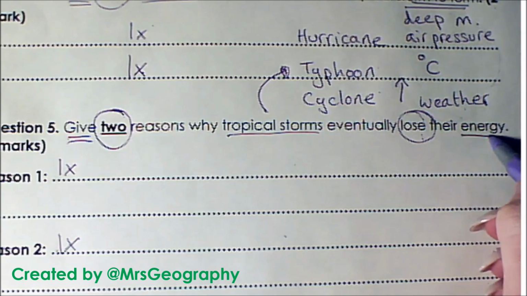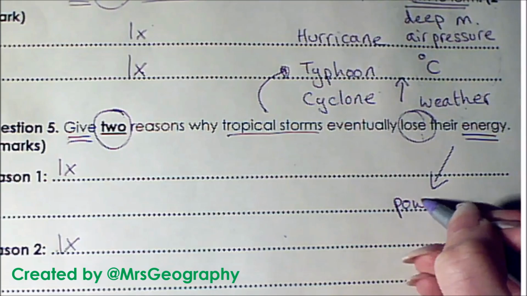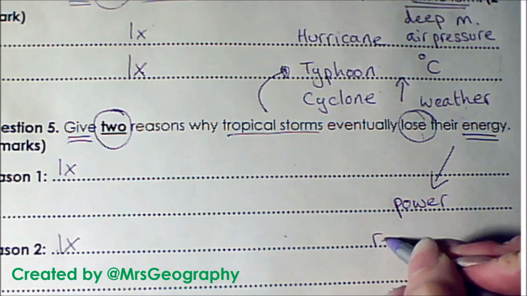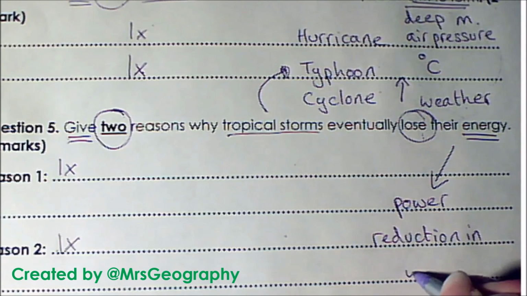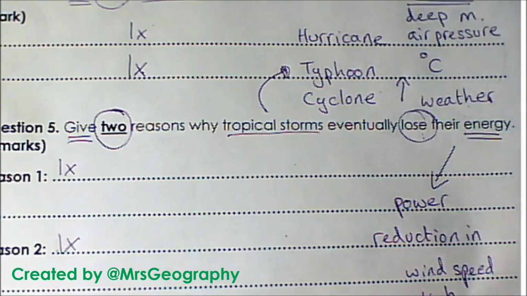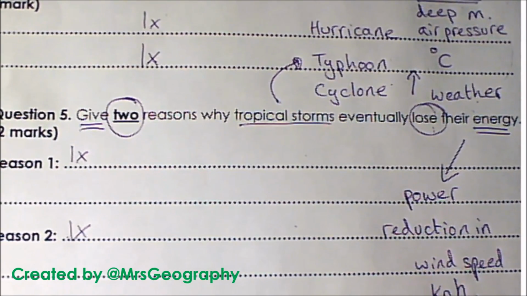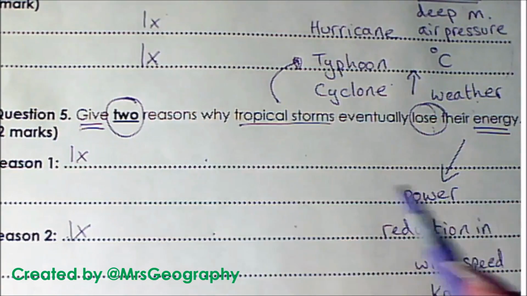Remember, we're talking about them losing their energy, so they're going to lose the amount of power they have. They're probably going to have a reduction in wind speed. And we know from our previous figure that is in kilometers per hour. So have a go. 1 reason here and 1 reason below.